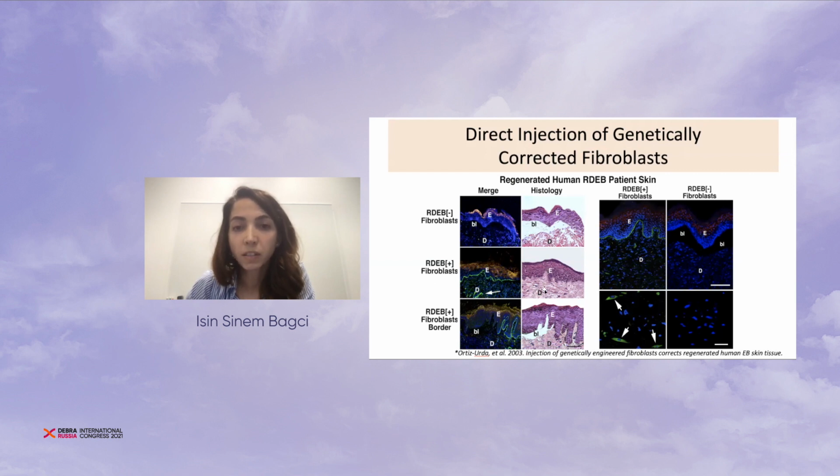And also these grafts did not show a detachment or blister formation as opposed to grafts injected with non-treated fibroblasts. On the right panel, you can see the treated fibroblasts expressing collagen 7 compared to non-treated fibroblasts.